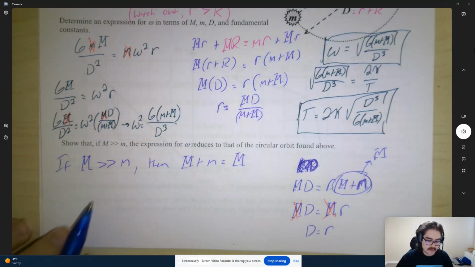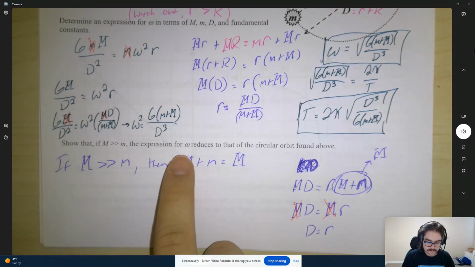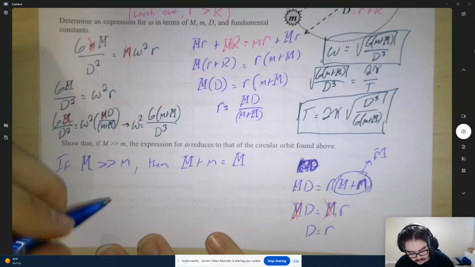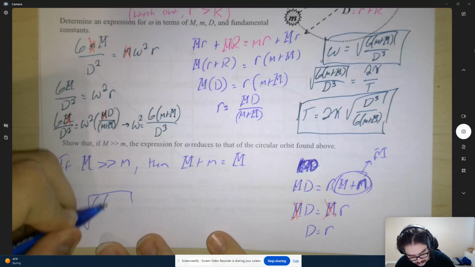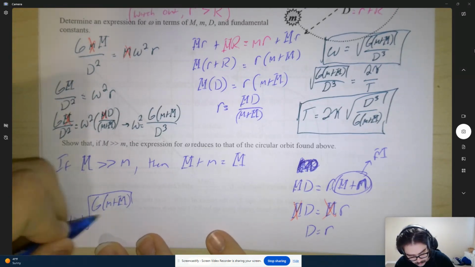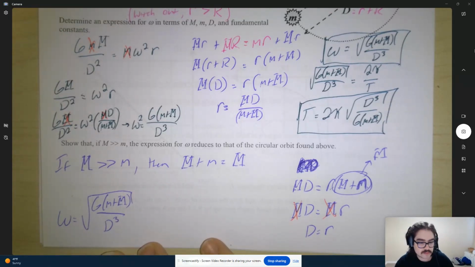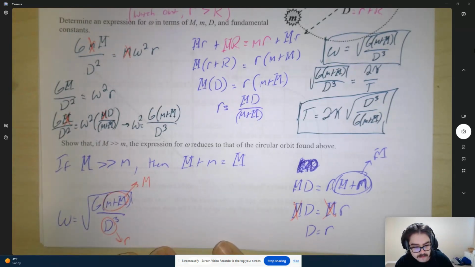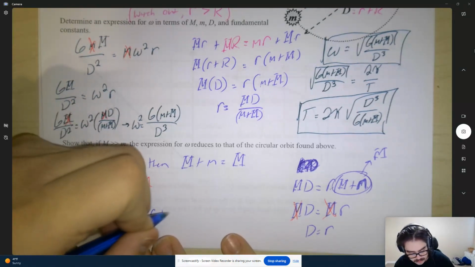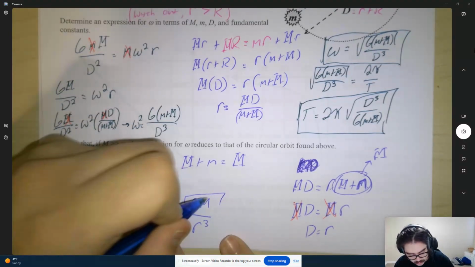Then when you go back into the equation I wrote for omega earlier, omega equals root of G (little m plus big M) over D cubed, I make the appropriate substitutions: D becomes R, and the mass sum becomes big M. I just get omega equal to root of G big M over R cubed.